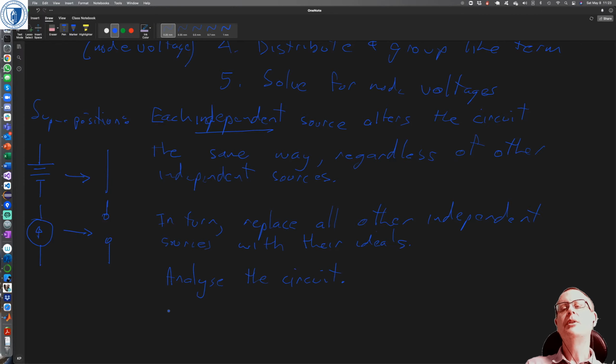And the result is some values from each smaller circuit problem.